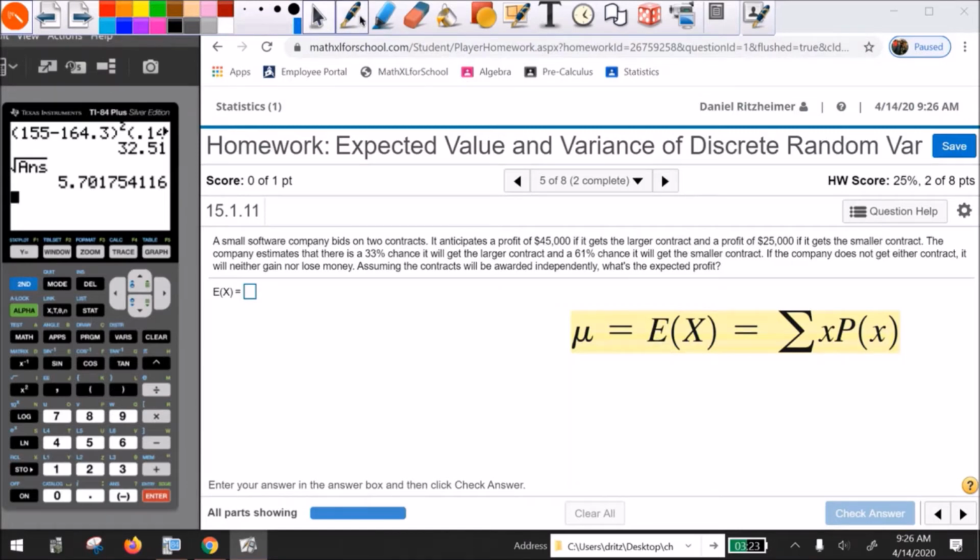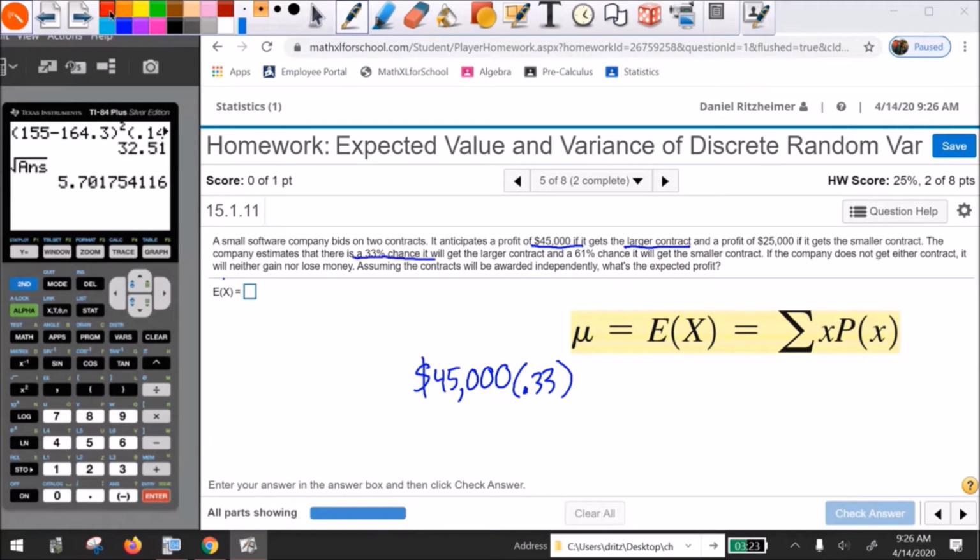So if they get the larger contract, they expect a profit of $45,000. So $45,000 is the profit associated with the larger contract. They have a 33% chance of getting the larger contract. So this is how much profit they get if they get the larger contract. This is the probability of that occurring.